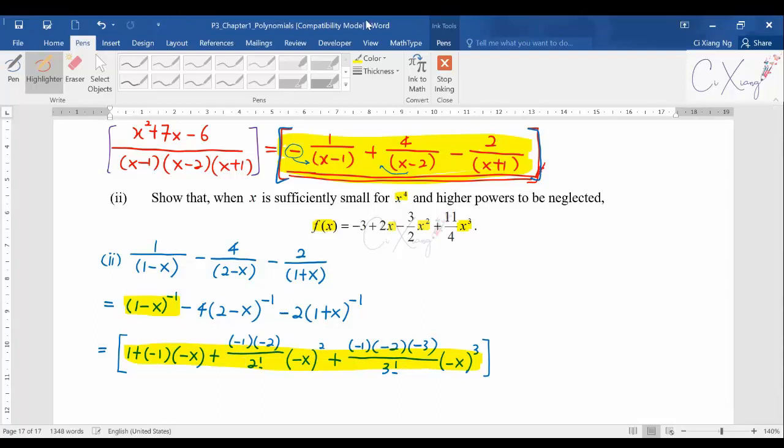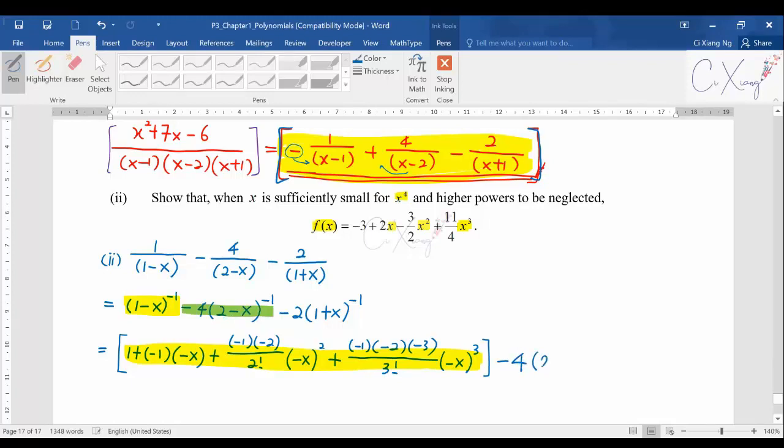Okay, can? Now, the next term, I'm going to highlight it using green color. I'm having negative 4 minus 2x power negative 1. If I want to do this one, I cannot expand it for now because the first term does not start with 1, right? So I need to do some adjustment first. Negative 4 is a constant, you just copy it.